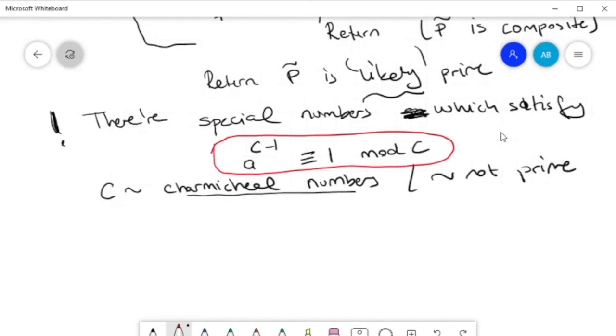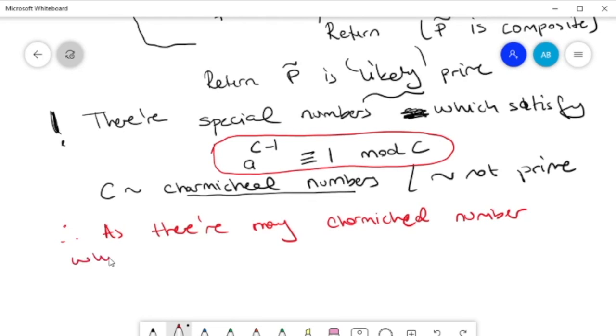Therefore, as there are many Carmichael numbers which behave like primes but are not prime numbers, they pass the Fermat test although they are not prime.